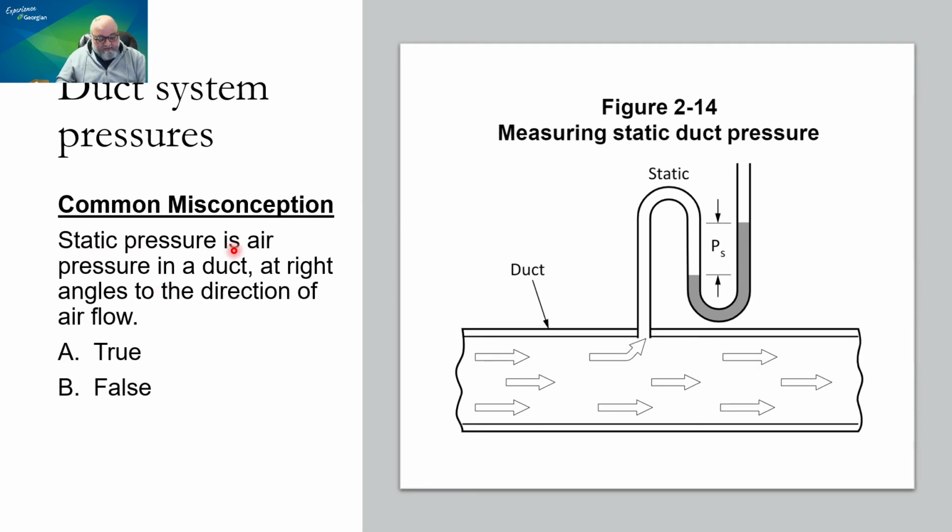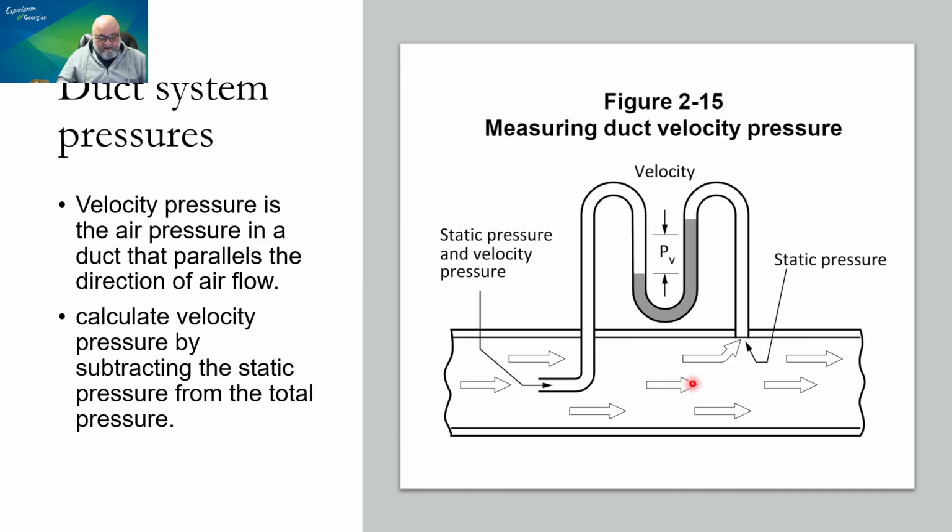If static pressure is pressure in the duct at a right angle, if that is true, then this is not a static pressure, right? What does it say here? Velocity pressure is the air pressure in a duct that parallels the direction of flow. I'm completely going to agree with that. What does this say though?